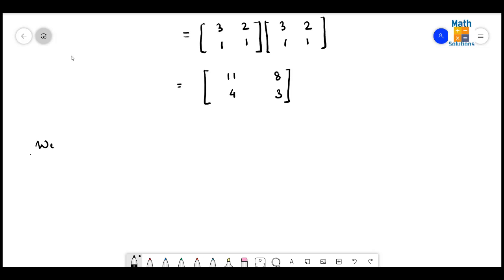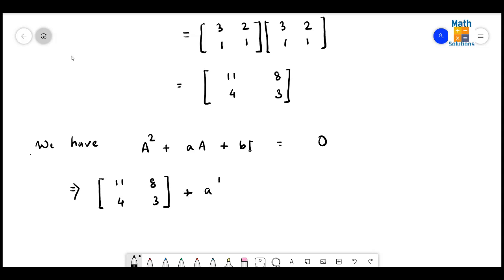We have A square plus small a into capital A plus b into capital I equals O. In place of A square, what can I write? 11, 8, 4, 3 plus a times 3, 2, 1, 1 plus b times 1, 0, 0, 1. This is the identity matrix of order 2.